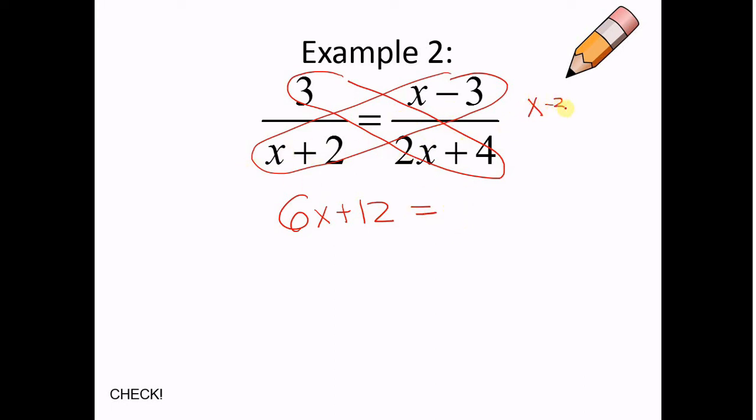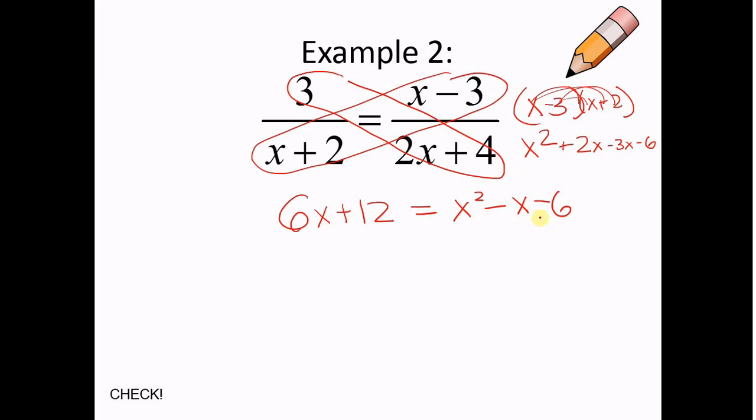So I'm going to have x minus 3 and x plus 2, okay? Multiply that in, multiply that in. So I'm going to have x squared plus 2x minus 3x minus 6. So if I combine some like terms, I'm going to have x squared minus x minus 6, right?